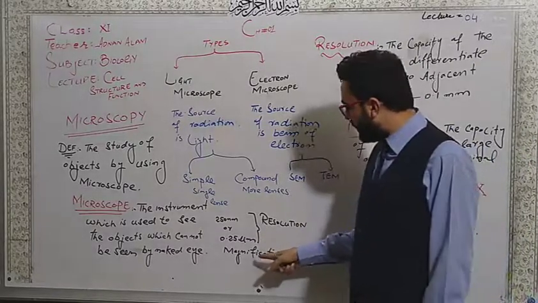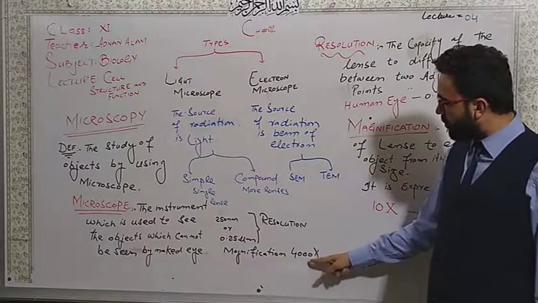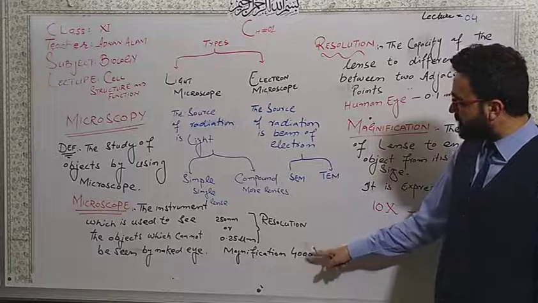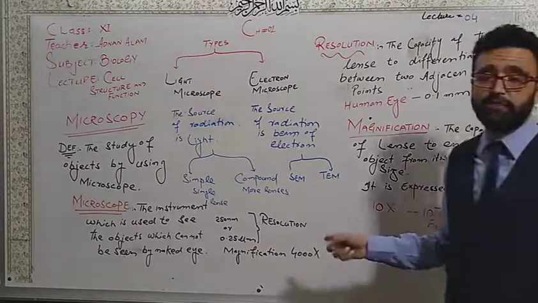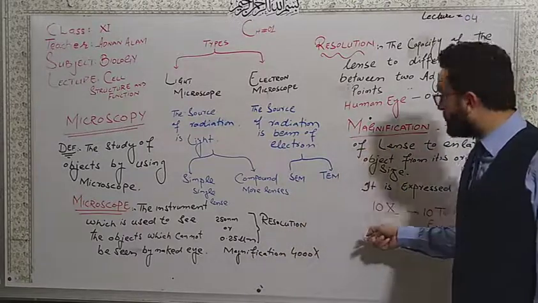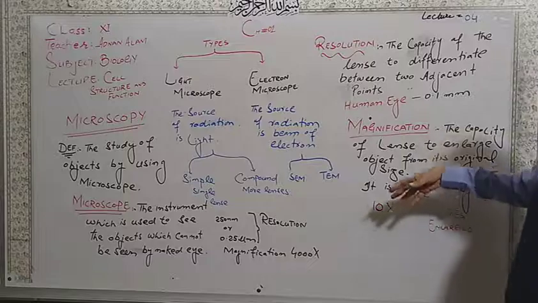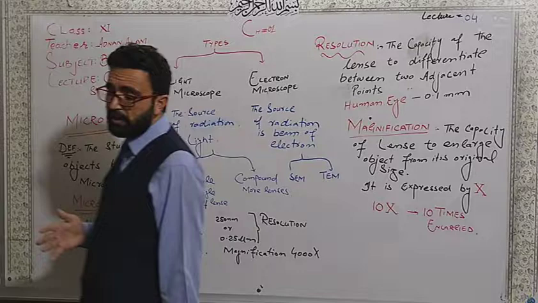Like I told you, the magnification power of the compound microscope is 4000x, meaning 4000 times it can enlarge an object from its original size. So, my dear students, that was all about microscopy and the microscope.